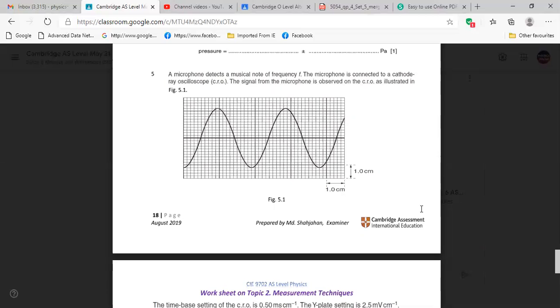So figure 5.1 is showing you 1 centimeter, right? 1 centimeter is 5 small squares, isn't it? Yes, sir. So from here you can get the peak to peak value.